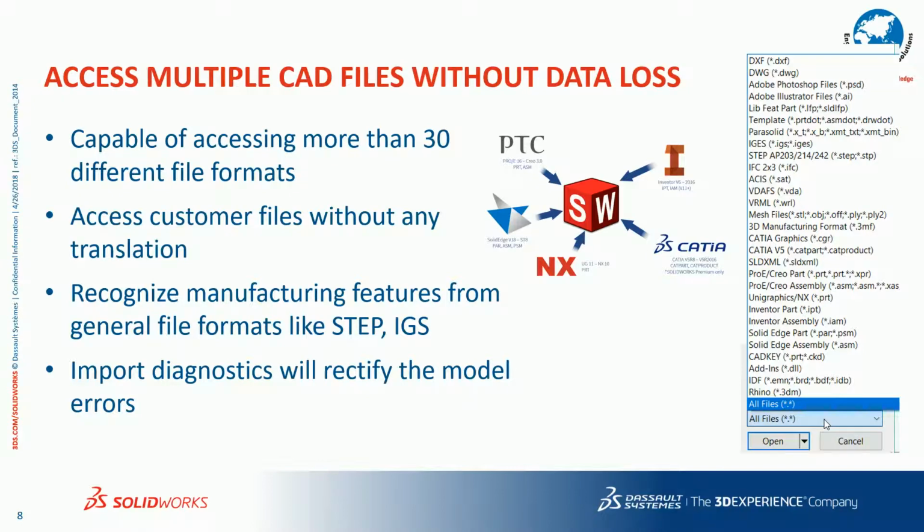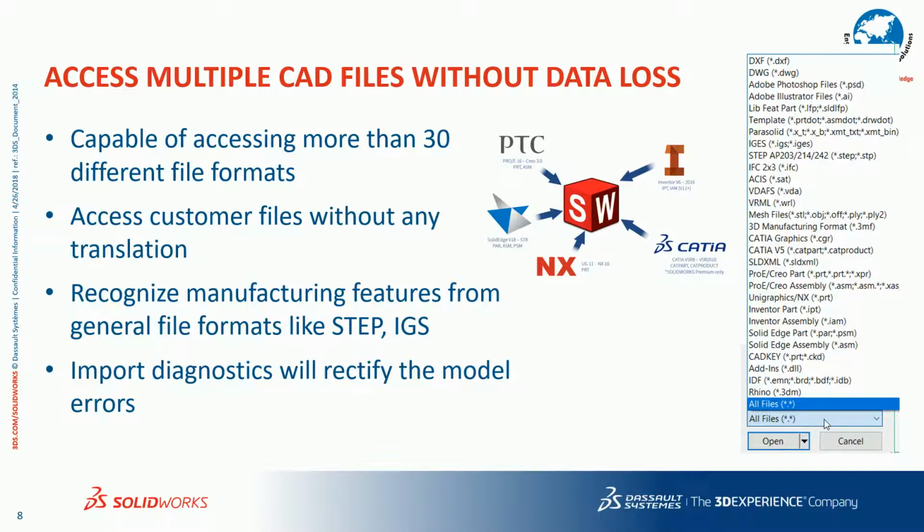Yes. So we are starting with accessing multiple CAD files without any data losses. As mold tool designers or die designers, you are accessing a lot of different CAD files from your customer side, right? Maybe they are users of Creo, Inventor, Solid Edge, NX, CATIA, or something else. If they are giving any files, you can access 30 different file formats inside SolidWorks without any translations.